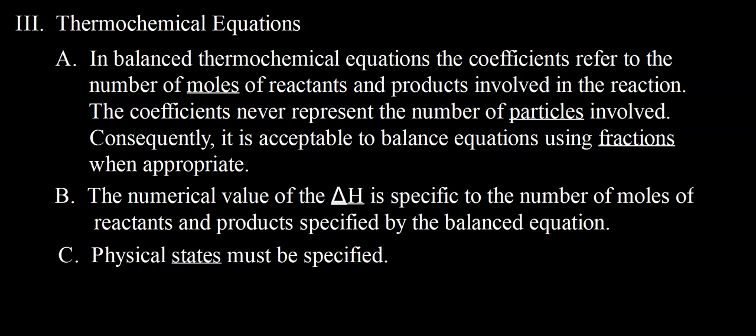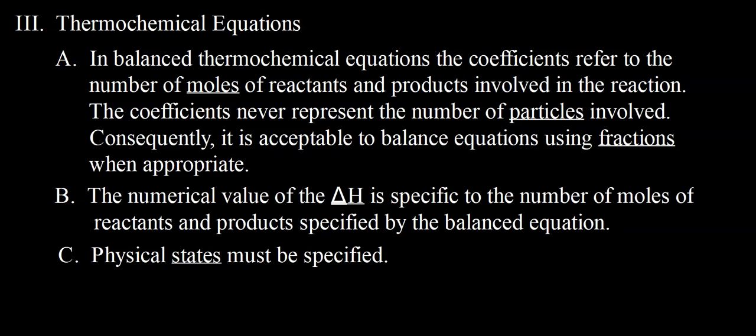Consequently, it is acceptable to balance equations using fractions when appropriate. So you can't have a half of an oxygen molecule, but you can have a half a mole of oxygen molecules. So sometimes we'll be balancing thermochemical equations by using fractions. We can only do so if we interpret those fractions as moles.